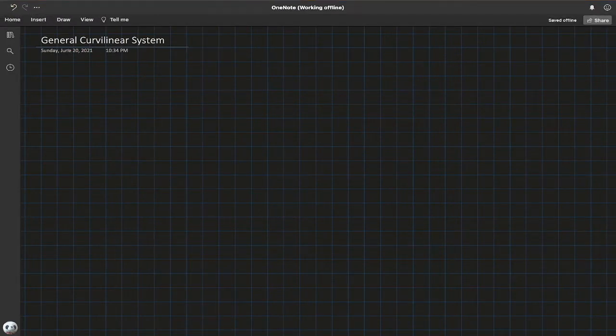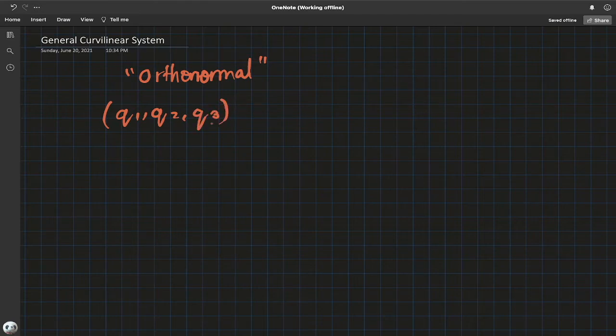Now let's consider a general curvilinear system which is orthonormal, because we want any two different basis vectors to have a dot product equal to 0, and to be equal to 1 if they're the same. So assuming you have free variables, say q1, q2, q3, we can define respective basis vectors q1 hat, q2 hat, and q3 hat.